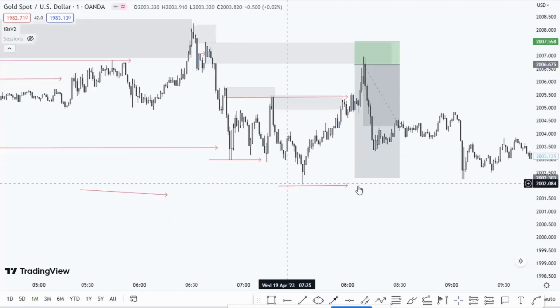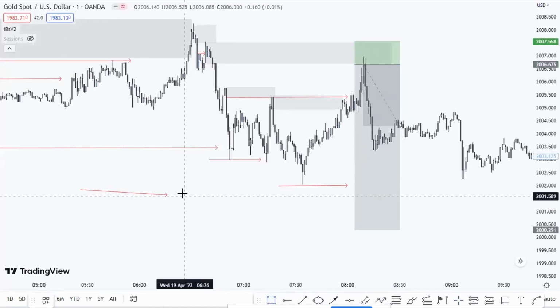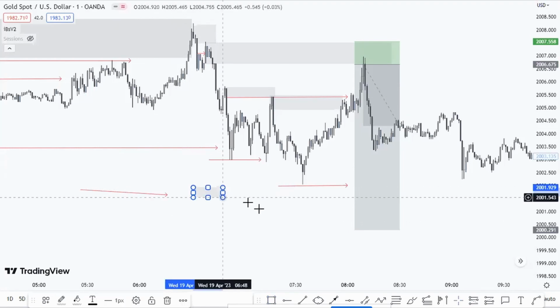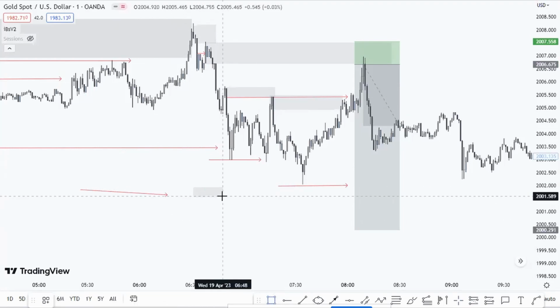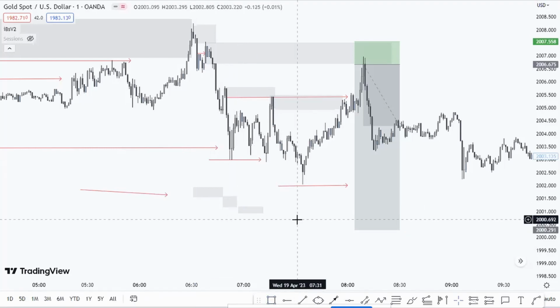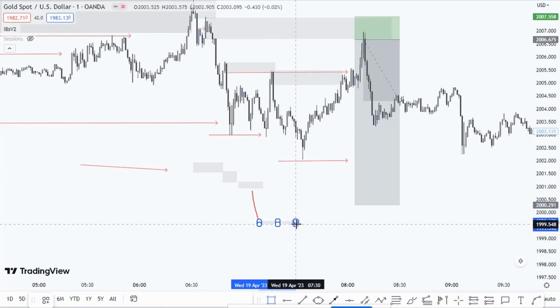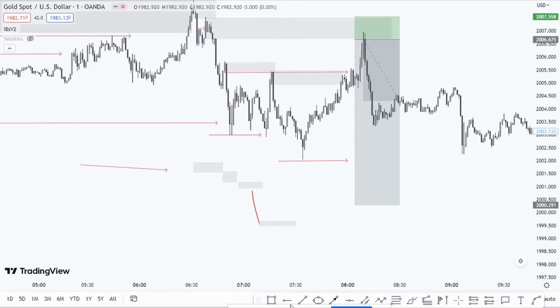So what I mean to say, let's say this is the chain, this chain, this chain, this is the supply chain. Let's say our price just goes to the downside from this area to here. Now we have this supply right here and this supply right here.